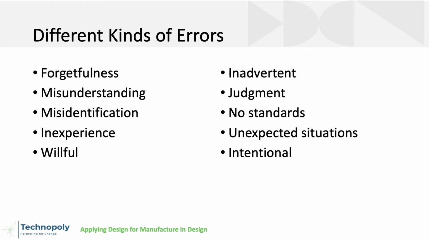It could be inadvertent, something that you did not expect to do or happen. It could be a judgment based on something you believe that turns out to be a mistake. There could be no standards, therefore you allow people to try to do things on their own, or there could be unexpected situations or purely intentional ones.